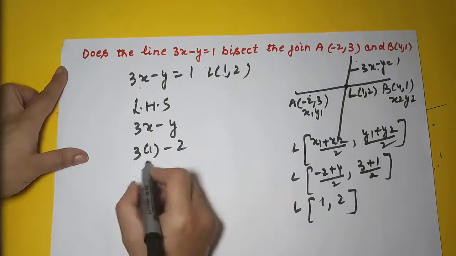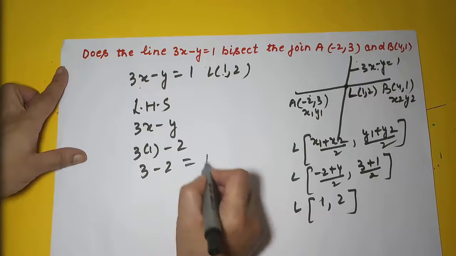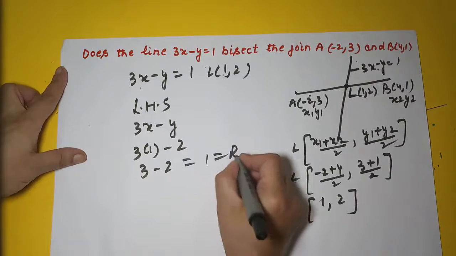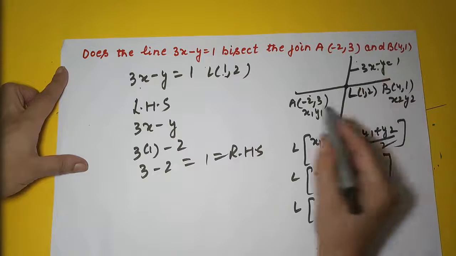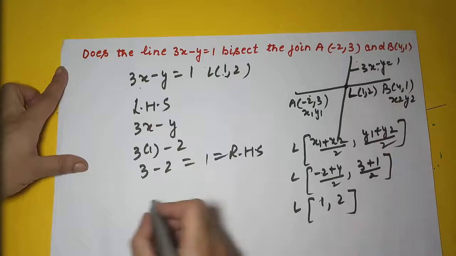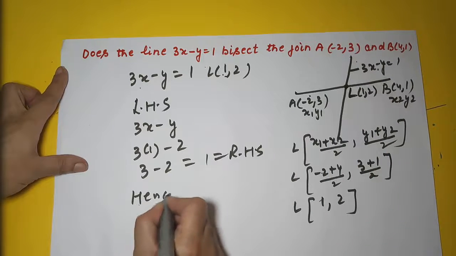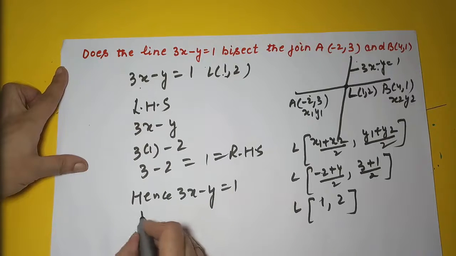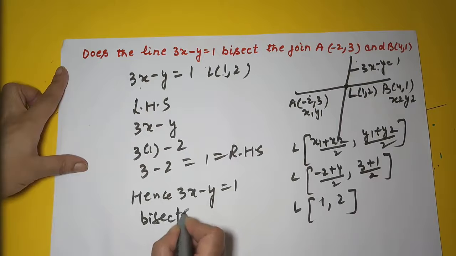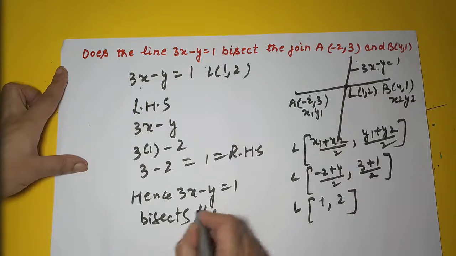Y is 2. So 3 minus 2 is 1. Oh, that's equal to my right hand side. So this line is passing through the midpoint of AB. Hence 3x minus y equal to 1 bisects the join of A and B. Clear?